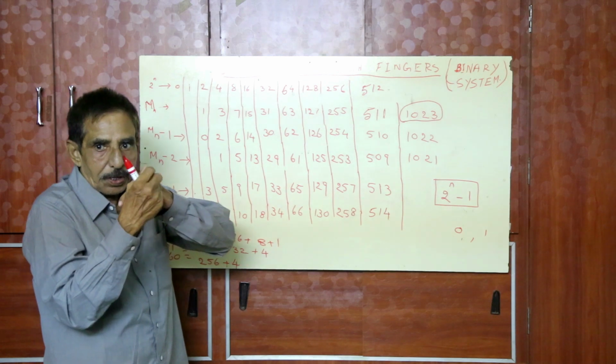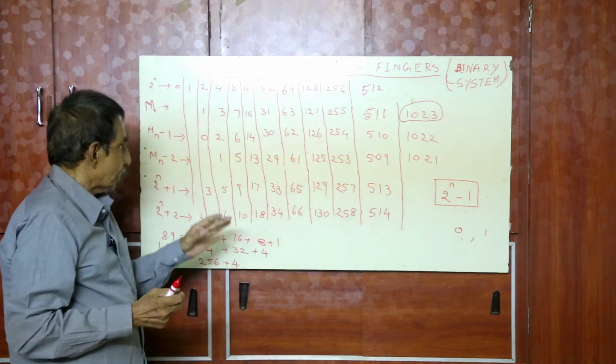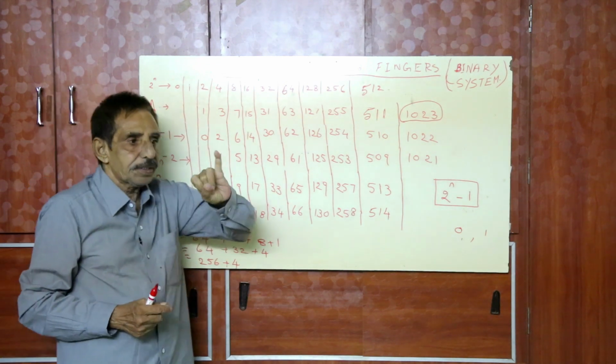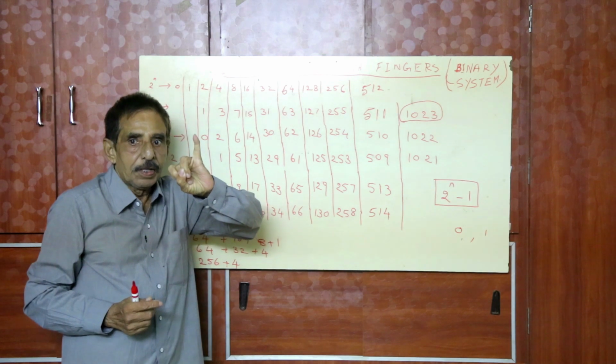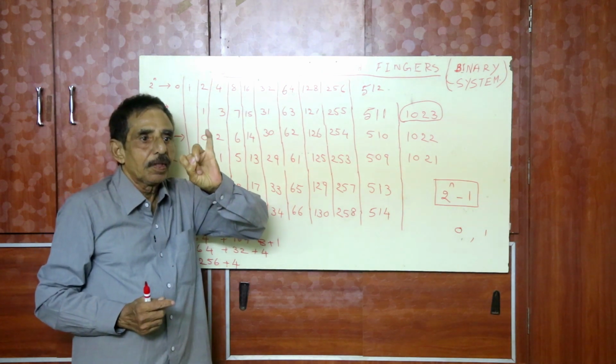That is, we are subtracting 1 from Mersenne numbers. For example, to represent 0, this represents 1. If you fold this, 1 minus 1, 0.